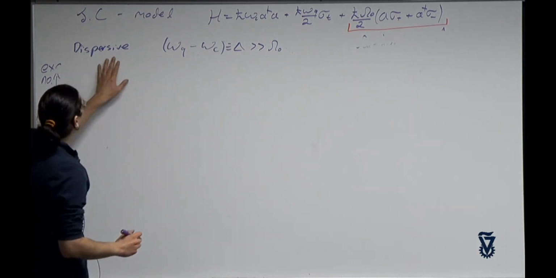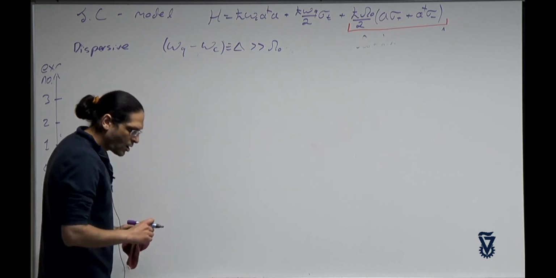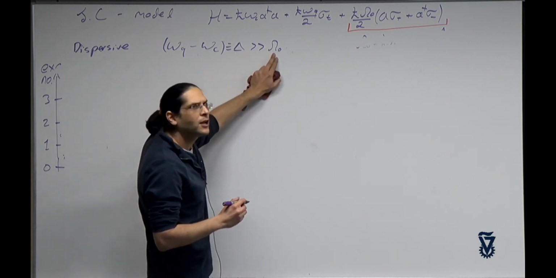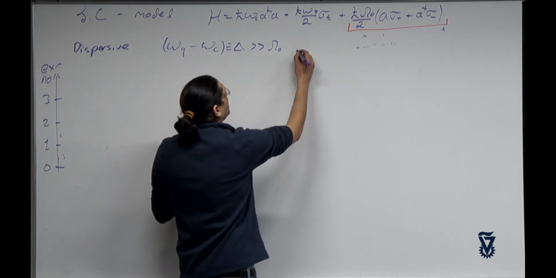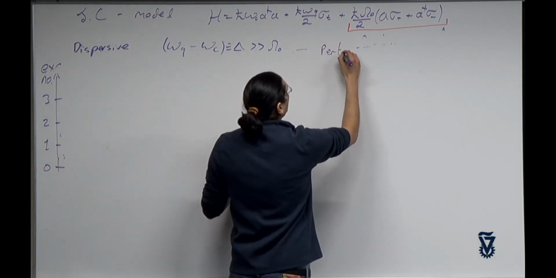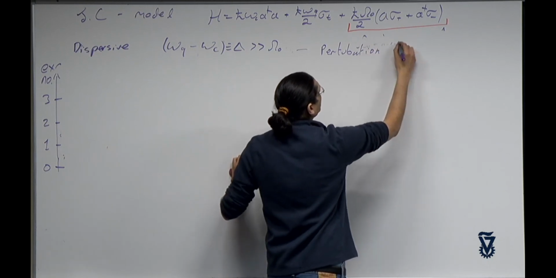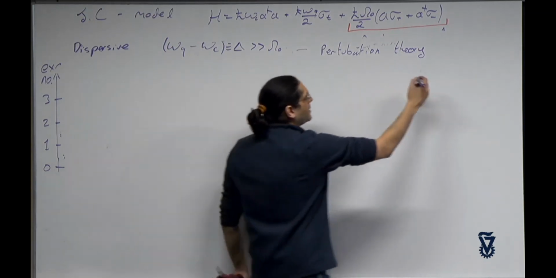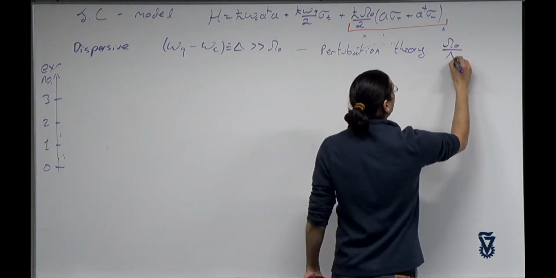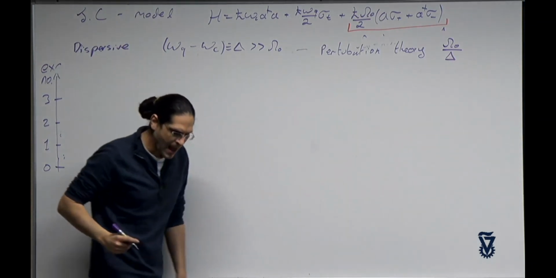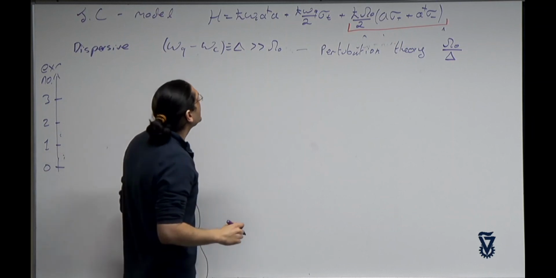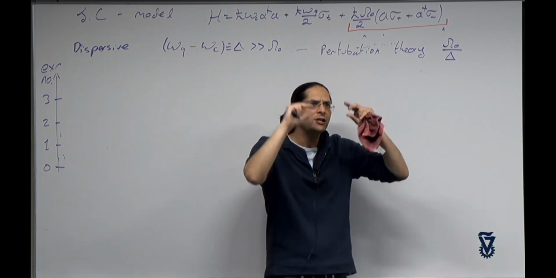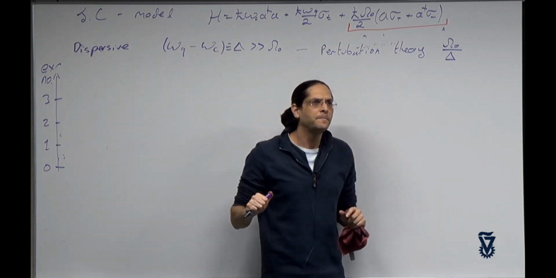What I'm going to show you in this dispersive limit, because we have delta here and we have omega naught, is that we're going to explicitly do perturbation theory in the small parameter, which is omega naught over delta. And what you will see in this limit is that we can diagonalize this Hamiltonian. What we did on resonance is that we looked at each doublet and diagonalized each doublet and looked at the dynamics there.